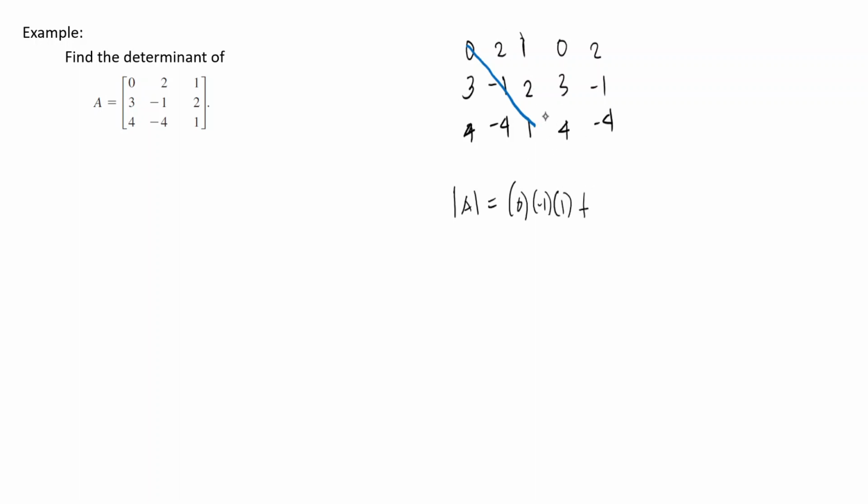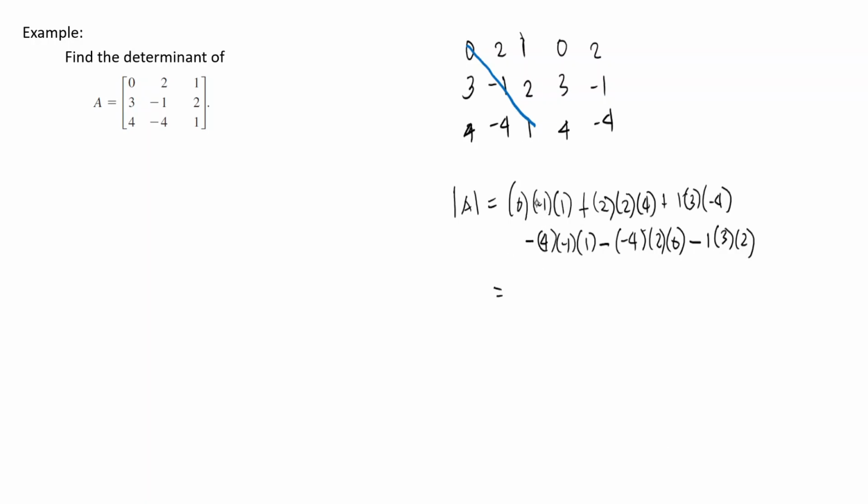Then plus the product of this. So we have 2, 2, 4. Then the product of this diagonal. We have 1, 3, negative 4. And then when we move to this direction, we subtract. So this is minus 4 times negative 1 times 1 minus the product of this diagonal. We have negative 4 times 2 times 0 minus product of the last diagonal. We have 1, 3, 2.